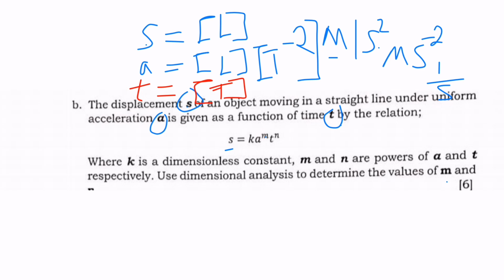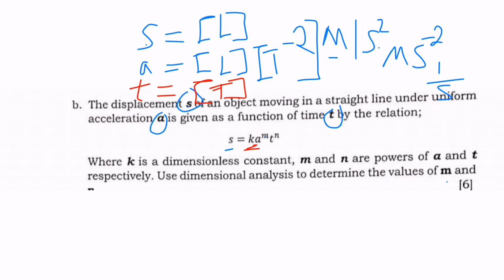In dimension analysis, we said what? This k is a constant. In dimension analysis, we don't deal with constants.